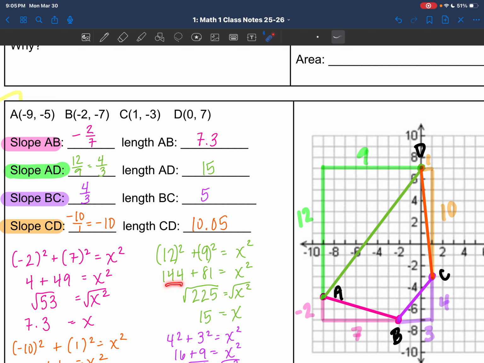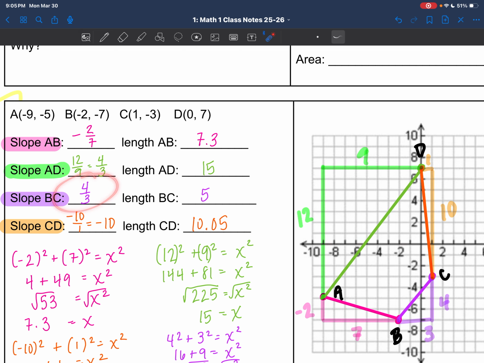So I've got 144 plus 81 gives you 225 equals x squared, because your hypotenuse should be on the other side of the equal sign. To undo a square, take the square root of both sides. X is going to be 15, which is your length there. So this length is 15. All right, this length is 7.3.